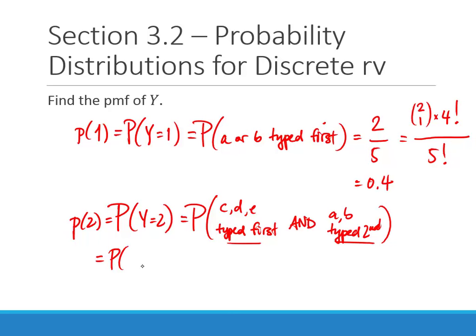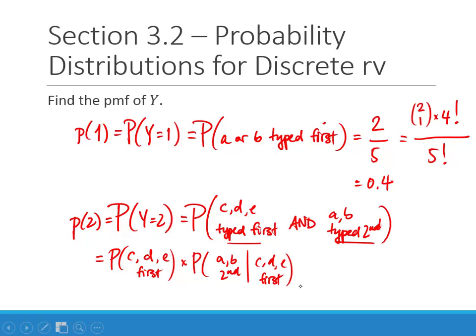This is the probability that C, D, or E is first, times the probability that A or B is second, given that C, D, or E came first. So I'm just taking, again, the probability of A and B equals the probability of A times the probability of B given A. Just using that multiplication rule that we saw before.